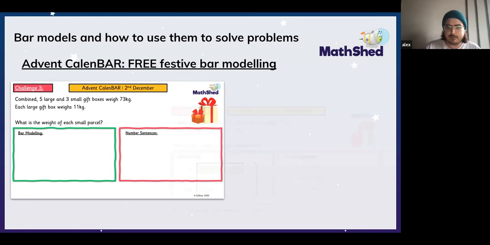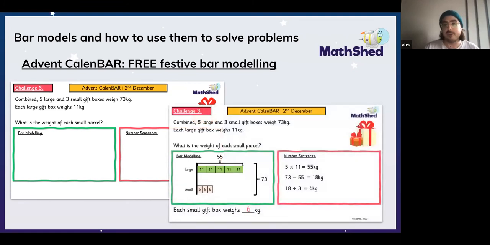So yeah, these are free. The whole thing. There's 4 bar modeling challenges per day up until Christmas Eve in December. I mean, don't feel like you have to send the kids home and be doing this on Christmas Eve, for goodness sake. But yeah, it is available there.